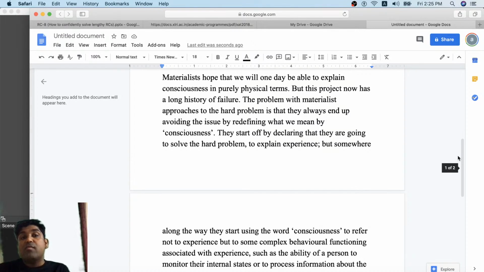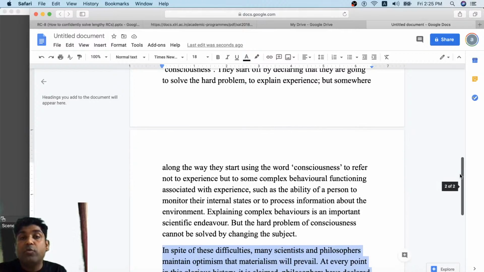This project now has a long history of failure. The problem with materialist approaches to the hard problem is that they always end up avoiding the issue by redefining what we mean by consciousness. They start off by declaring that they are going to solve the hard problem, to explain experience.